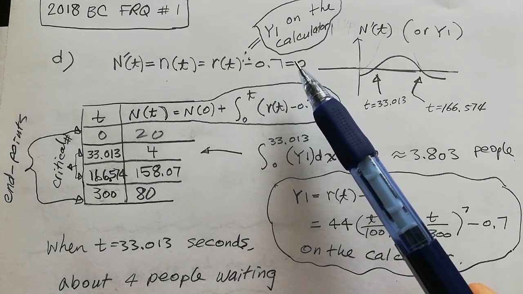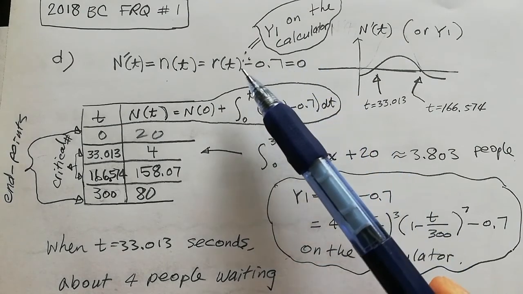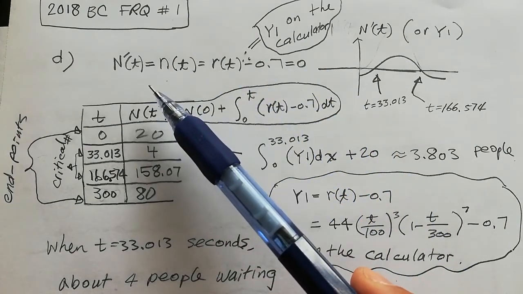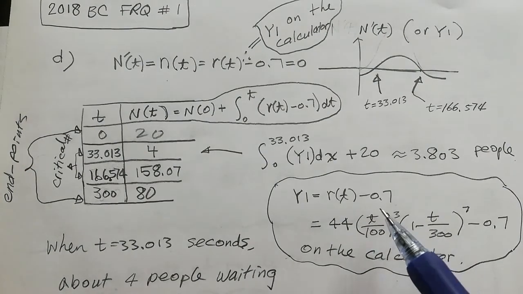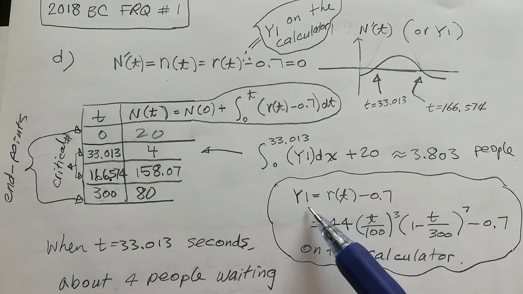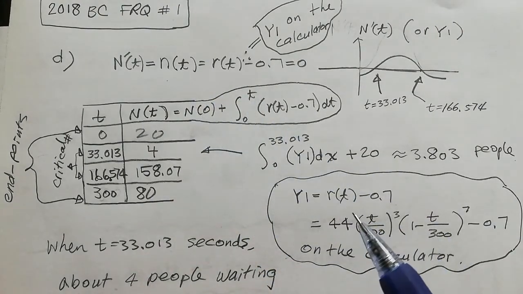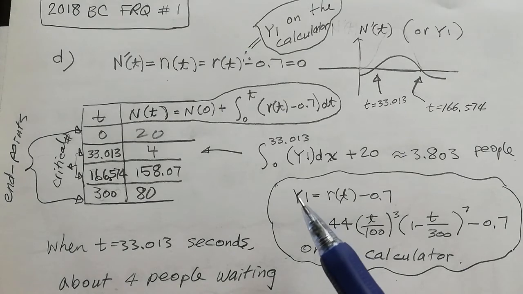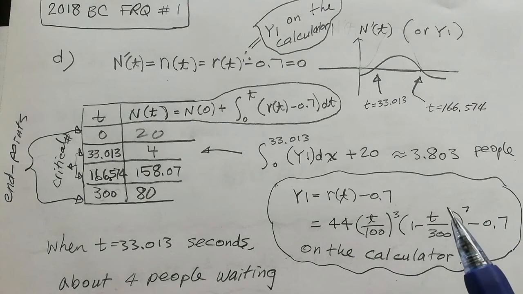And when you set this equal to 0, this will be the critical point for the capital N. The best way to do this is probably enter the small n of t into your calculator. So I wrote something over here. You assign this whole thing equal to y1, and make sure you entered the expressions correctly. Otherwise, you will not get the right answer.